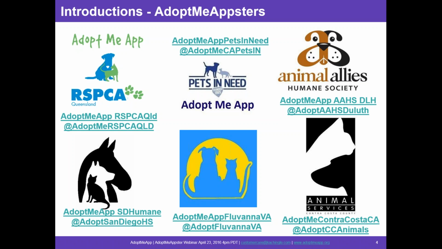Sheila? Hi, I'm Sheila Pai. I might have been the first user of AdoptMeApp. I'm not sure. At least with Pets in Need, I was, and I've been using it with a foster hospice dog I've had for about 14 months now.